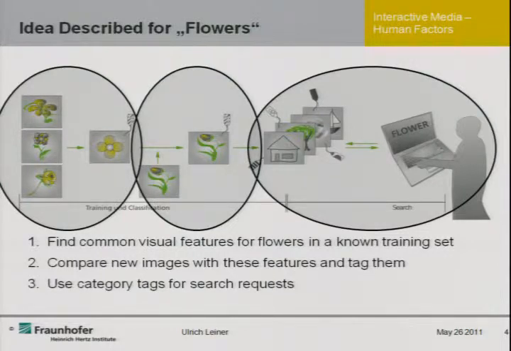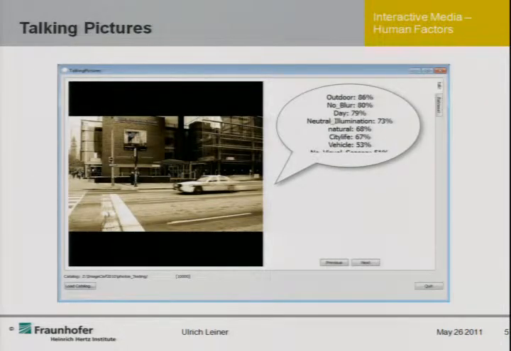These categories that have been automatically annotated after a training step can be used for searching. Well, basically, that is the solution, or that is the thing we did. And then maybe the outcome is something like a picture that can talk or can be tagged by these tags.